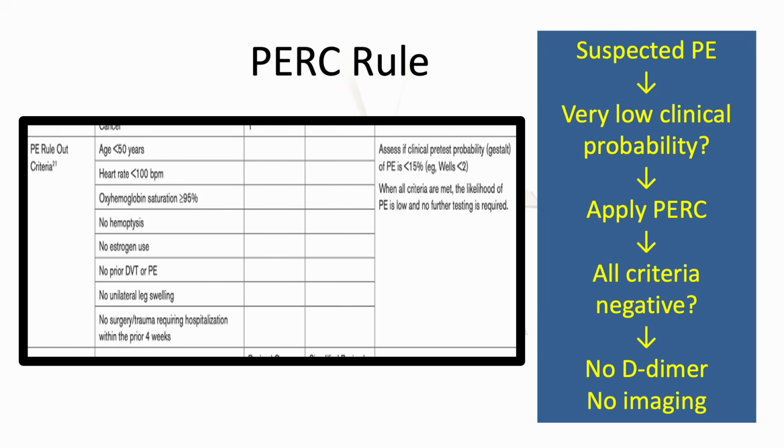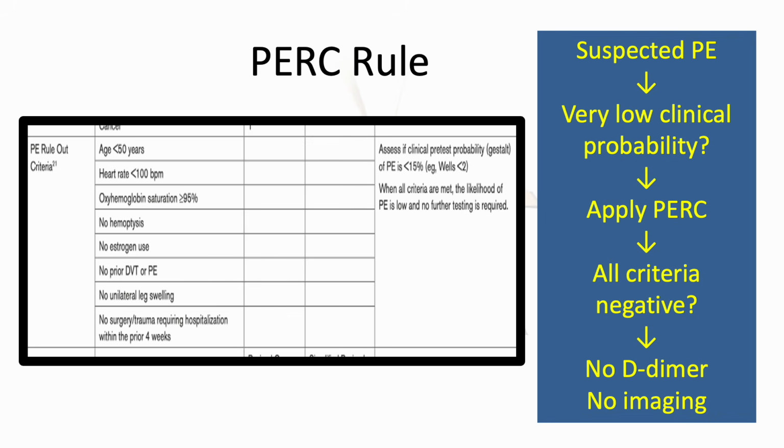So there is another score, or rather another criteria, that has been mentioned in the diagnostic algorithm in the guideline. This is the PERC rule. The PERC rule is mentioned for patients with very low pretest probability as a rule-out strategy. If you look at the PERC rule for our patient, the PERC rule says that if the age is less than 50, the heart rate is less than 100, the saturations are normal, and with none of those significant histories, you can rule out pulmonary embolism.